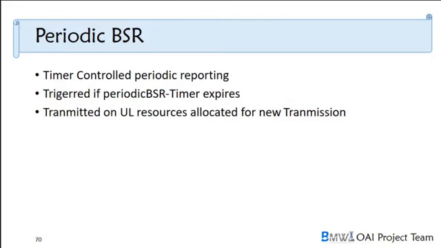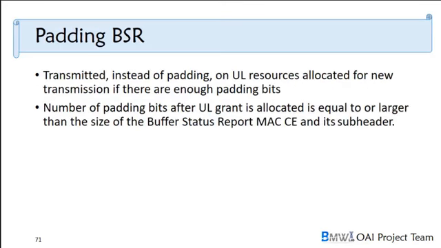And for the periodic BSR, a timer controls periodic reporting. It is triggered if the periodic BSR timer expires, and it is transmitted on the uplink resource allocated for new transmission. This is the use of BSR if you classify it as periodic BSR. And for the padding, padding is like a space.